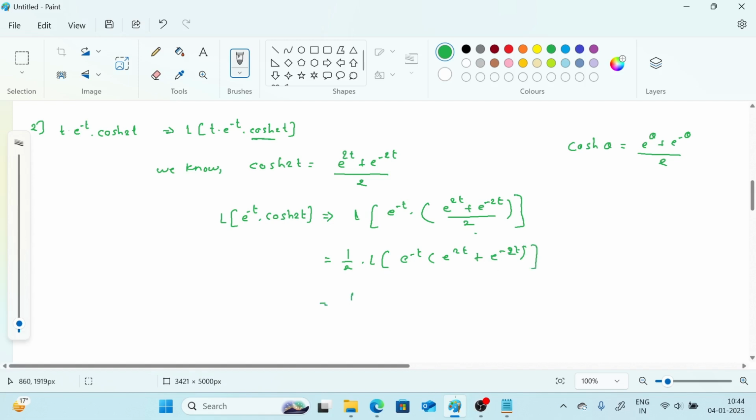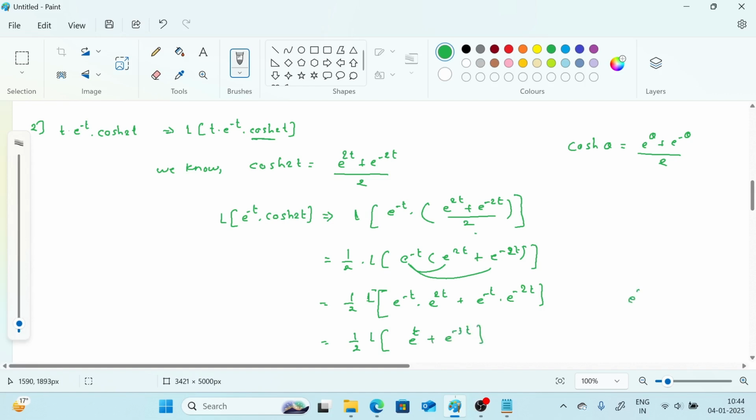Now 1 by 2, I'm going to multiply e raised to minus t inside the bracket, e raised to minus t into e raised to 2t plus e raised to minus t into e raised to minus 2t. Again, what I can do, 1 by 2 Laplace of e raised to t plus e raised to minus 3t.